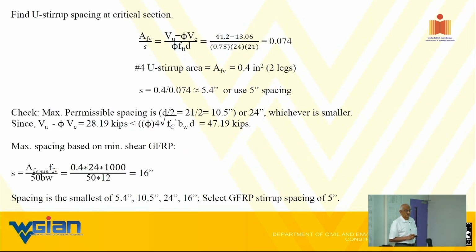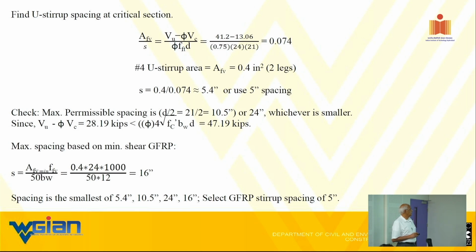This is the stirrup spacing equation. As I told you, you cannot get an equation simpler than that. That is the required shear, that is the shear resisted by concrete, and this would give you the area requirement for the stirrups. From there, I derived this equation yesterday, if you recall.